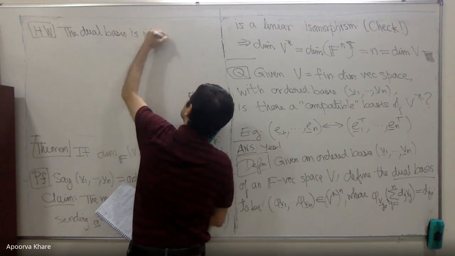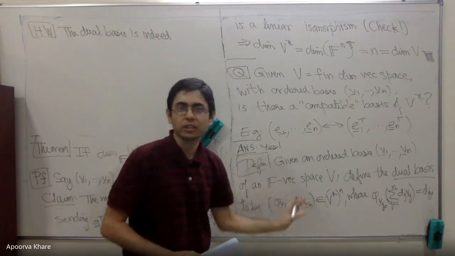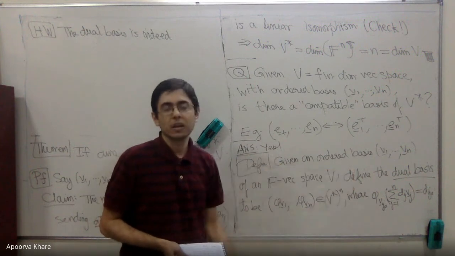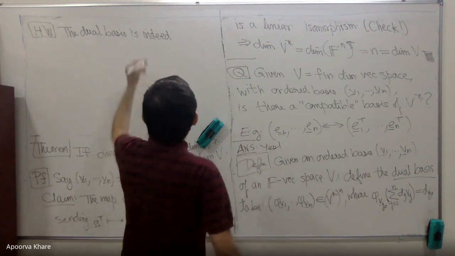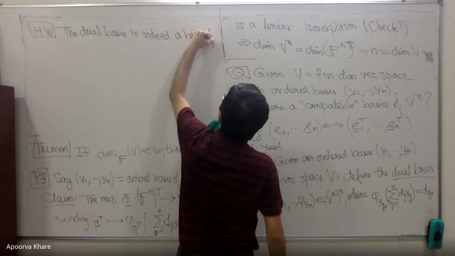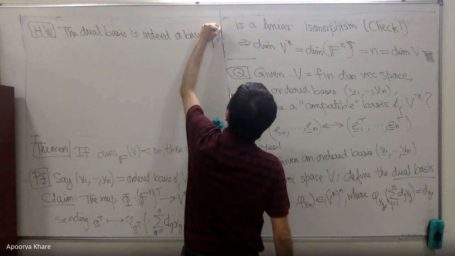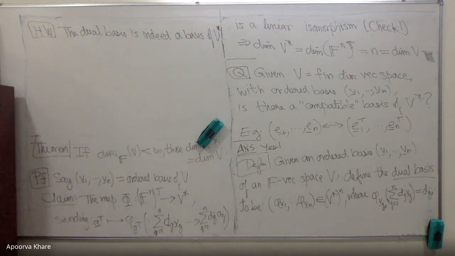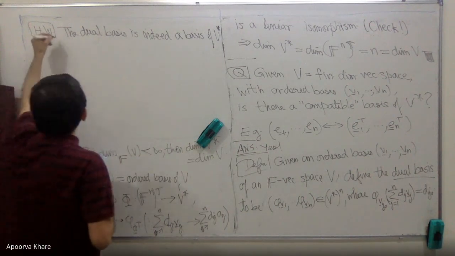And I've just told you this is an ordered collection of functionals. I've not even told you they are functionals, but that's not how to check. The claim is it is a basis. That's a homework problem. Another homework problem.